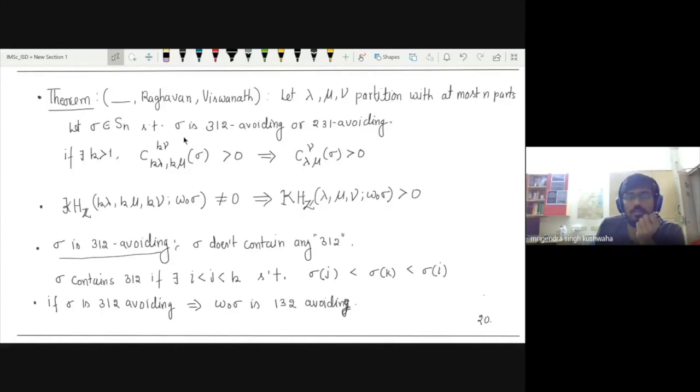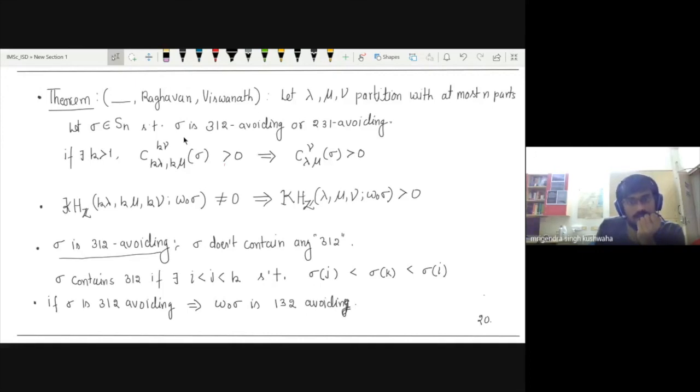Let lambda, mu, nu be partitions with at most n parts, and fix a permutation sigma in Sn such that sigma is 312 avoiding or 231 avoiding. This is the special permutation. Then if k is bigger than or equal to 1 and the refined Littlewood-Richardson coefficient C of k lambda, k mu and k nu for sigma is bigger than 0, this implies that C lambda mu nu sigma is also bigger than 0.